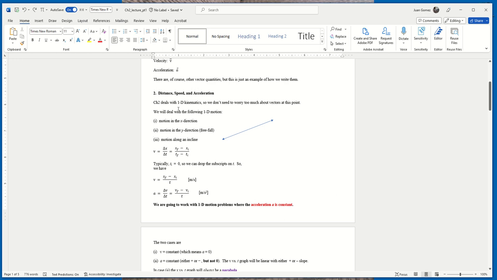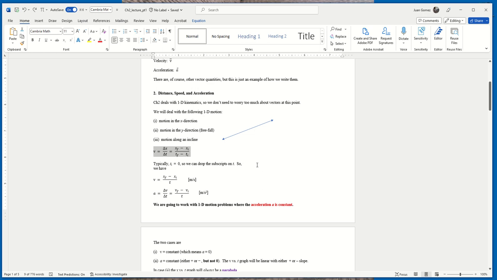Let's deal with motion in the x direction first. We know velocity is simply change in distance over change in time, delta x over delta t. The change in any quantity is always the final minus the initial. So v is equal to delta x over delta t. What is delta x?